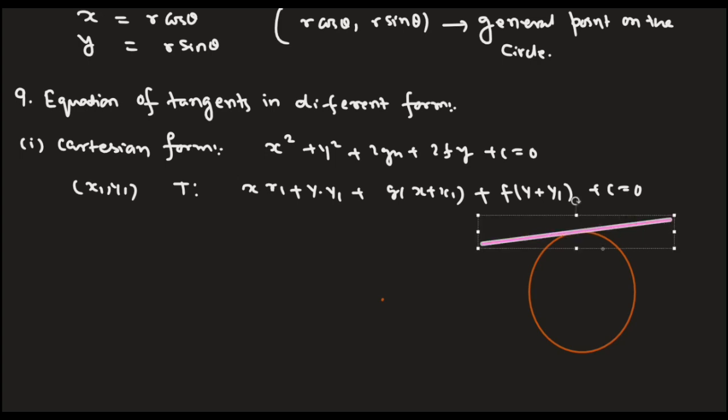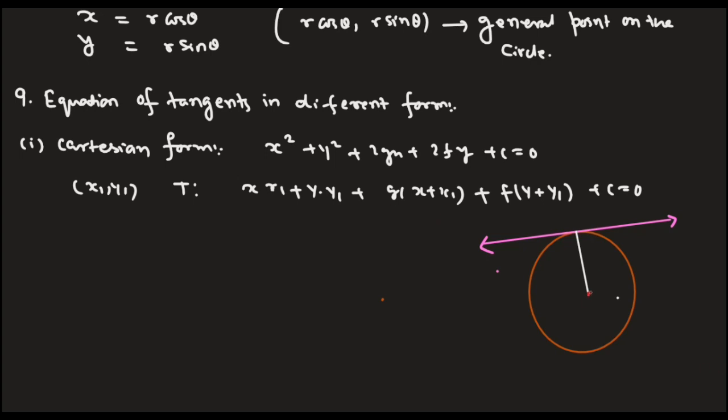If we join the point of contact with the center of the circle, they are perpendicular to each other.